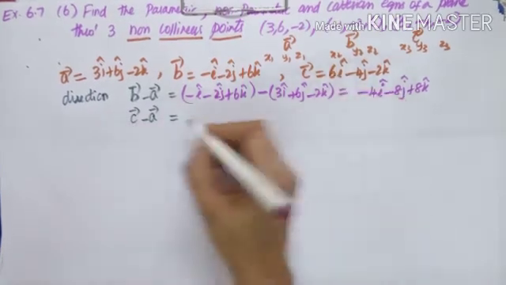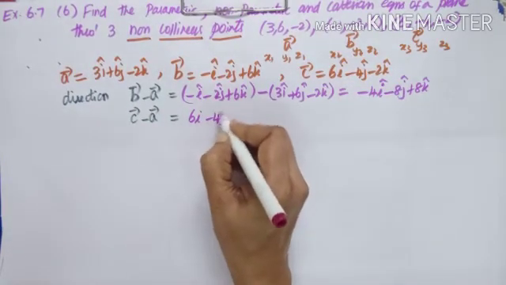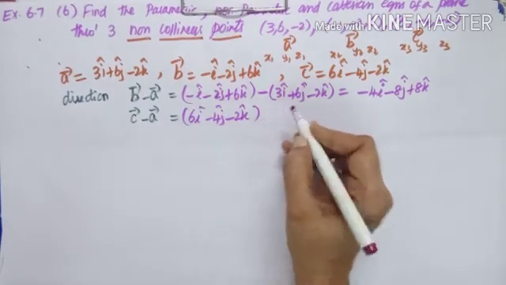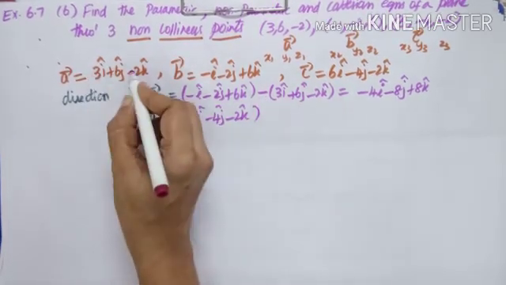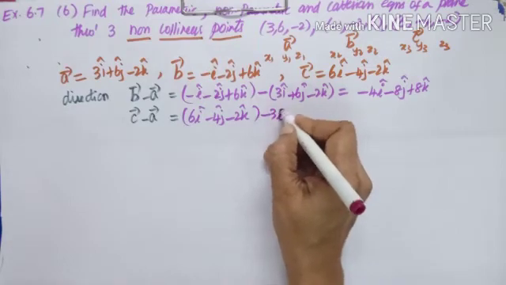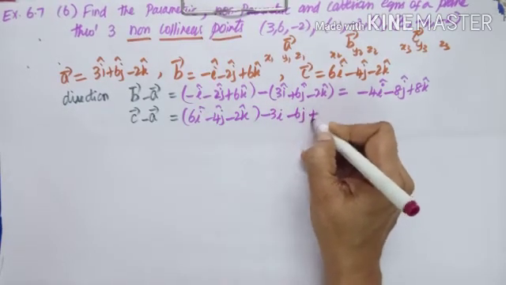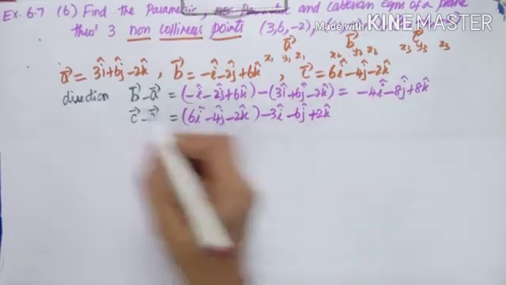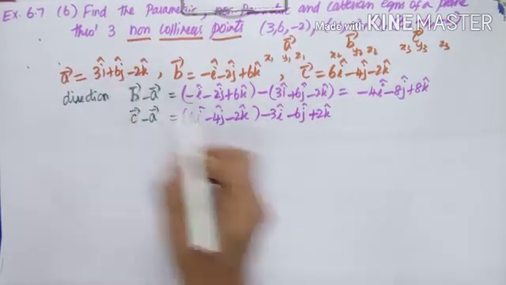C minus A, 6i minus 4j minus 2k minus, I can also change the symbol and write minus 3i minus 6j plus 2k. Either you put minus and bracket or you change the symbol, minus minus plus.